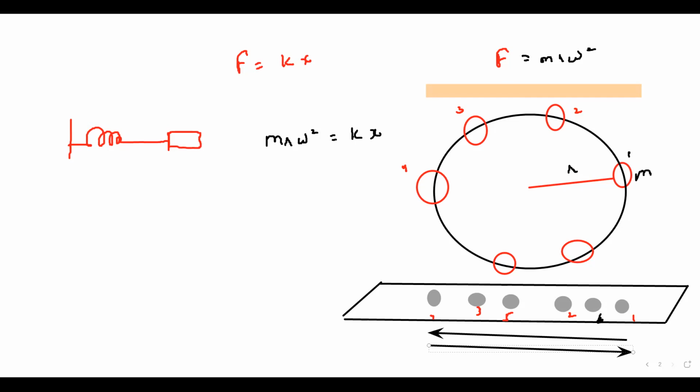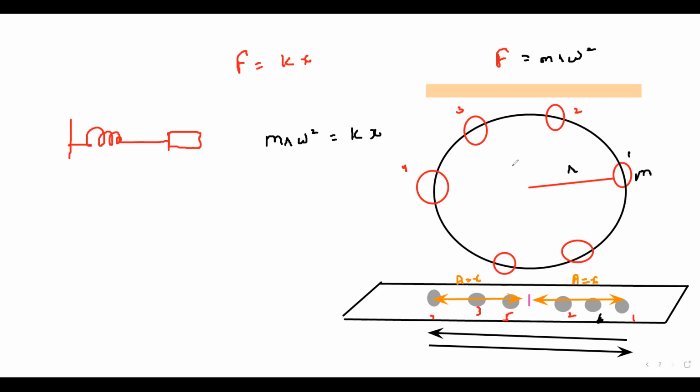And this is the mean position, or center position, and the distance from the center position to the extreme position is known as the amplitude. Maximum displacement is called amplitude. So here this distance is the maximum displacement, or we can say x is equal to a. Here also x is the maximum displacement, and at that time we call it the amplitude.